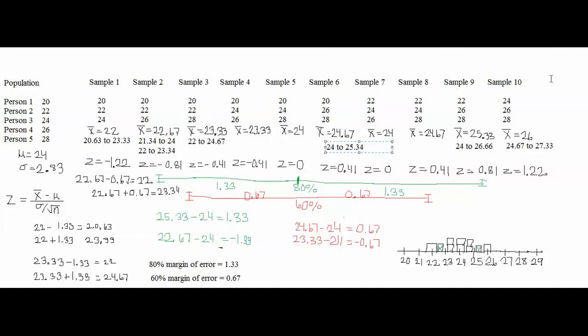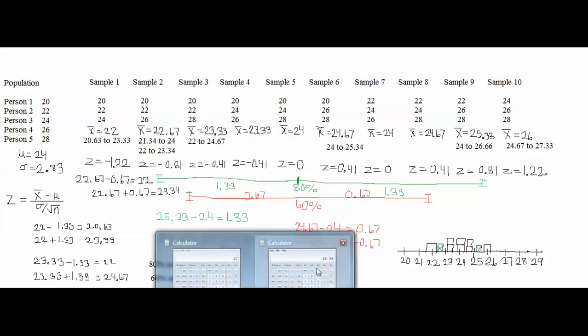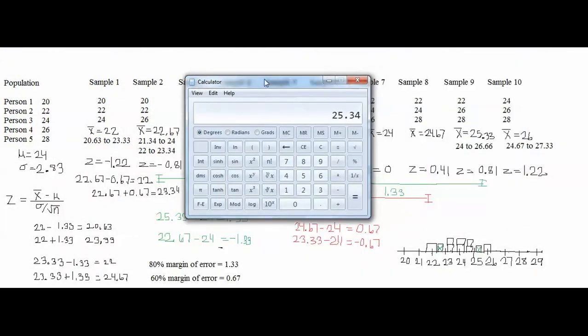Now let's try it for one of the samples that's above the middle 60%, which would be sample 9 or sample 10. When we do it with one of these, it's not going to include the population mean because it's outside of the 60% middle area. We could do it with sample 10. Remember, we could do it with sample 9 or sample 10 this time because those are both above the middle 60%.